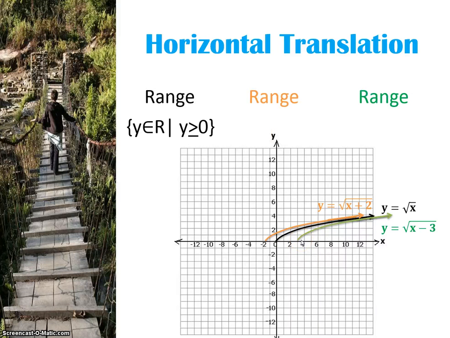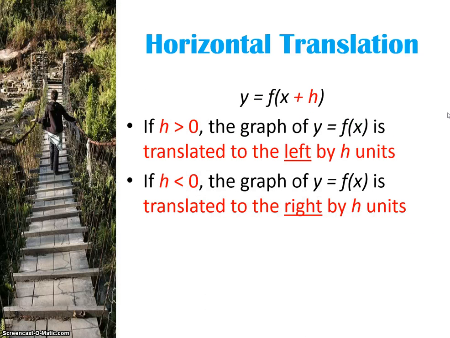But notice that we haven't moved up or down, we've just moved left or right, so the ranges should be exactly the same. If we then have our h value, not our k value, and we start manipulating the h value, if it's a positive number in the bracket, plus h, then it's going to move to the left. But if the number inside here, including the symbol, is a minus, then you're going to move to the right.